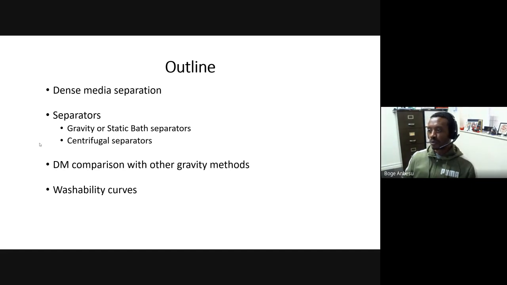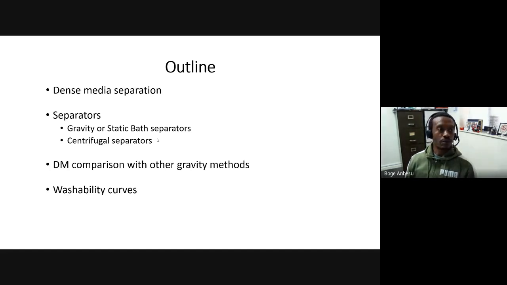Okay, so mainly we're going to talk about how we apply dense medium in ore beneficiation, and typically in this case, we'll talk about a couple of separators that are used in dense media, and also briefly compare how dense media separators compare with other gravity methods where, for example, water is used as a media, as I said, maybe jigs, things like that.